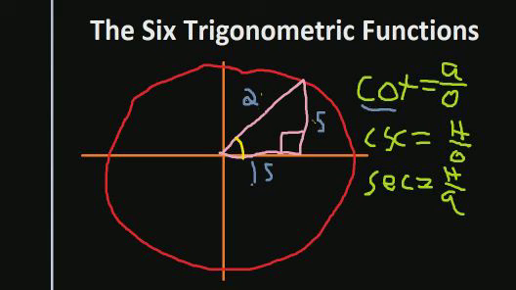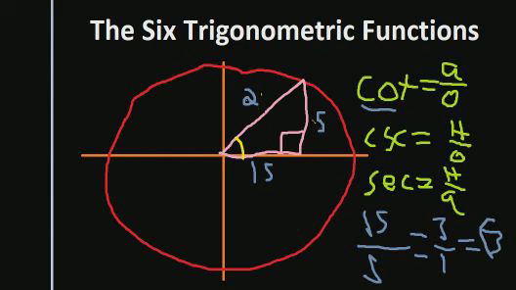Take your side that is adjacent, which is 15, and then divide that by your opposite, which is 5. And this can be simplified to 3 over 1, which is equal to simply 3. So 3 would be your answer for this problem. That is how you solve for the cotangent.